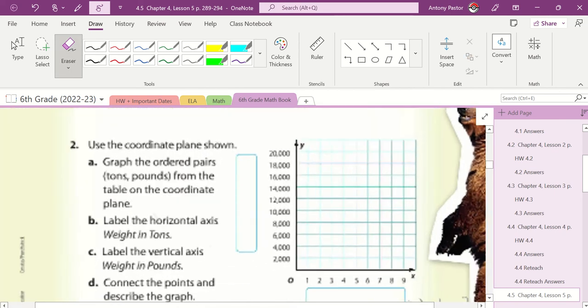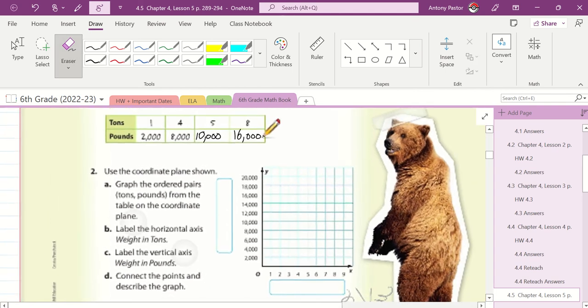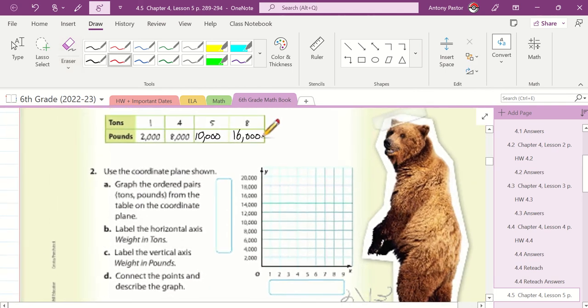Now, we are going to go ahead and look at the coordinate plane shown here. We're going to introduce graphing just a little bit today. Basically, the graph shows the ordered pairs from tons to pounds from the table on the coordinate plane. So basically, the table we just had. 1 ton would be 2,000 pounds, which is right there.